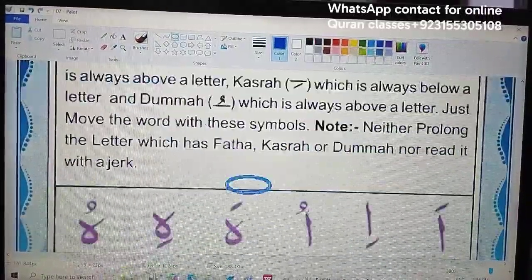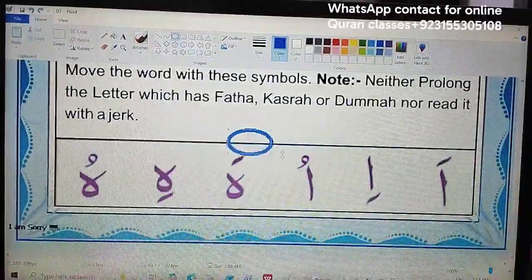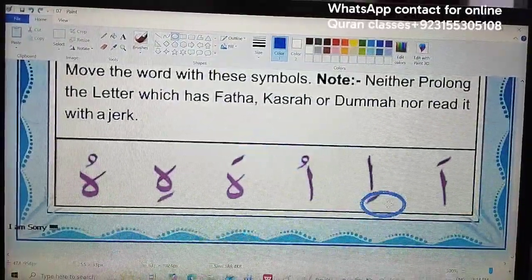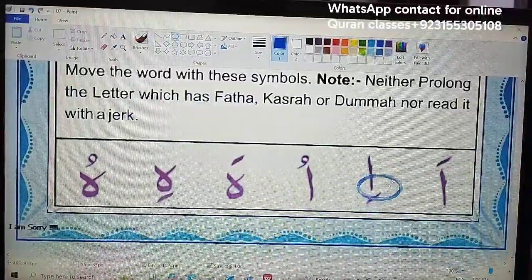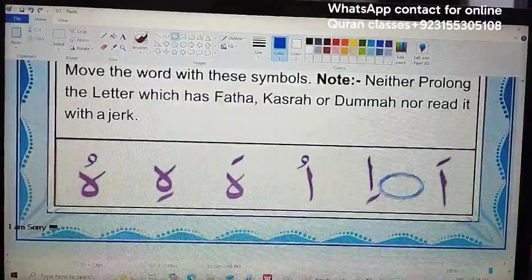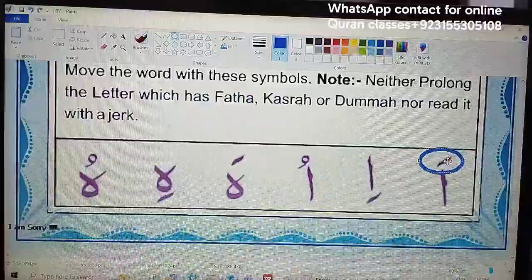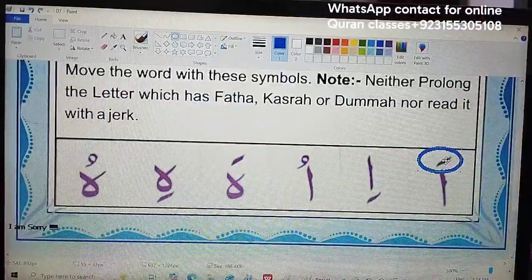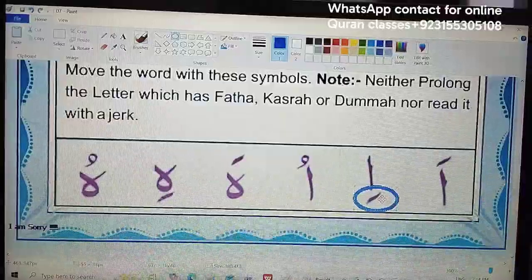Now you see here an example. This one is kasra and is below a letter. This is fatha and this is kasra. Fatha and kasra are the same in shape, but fatha is always above a letter and kasra is always below a letter.